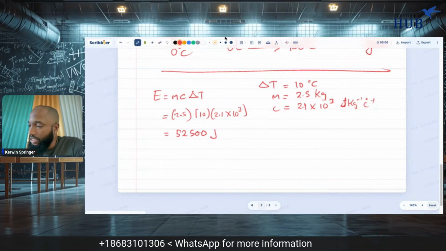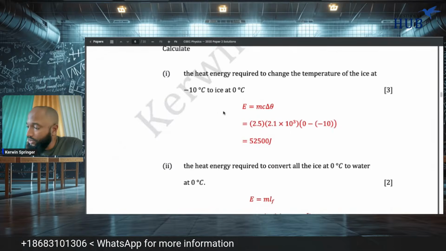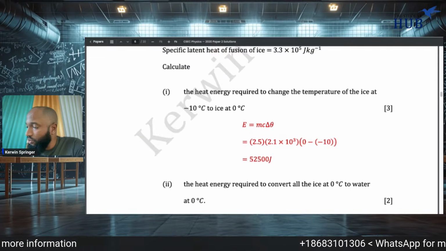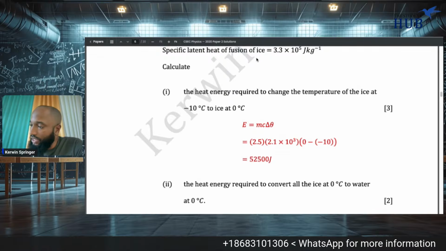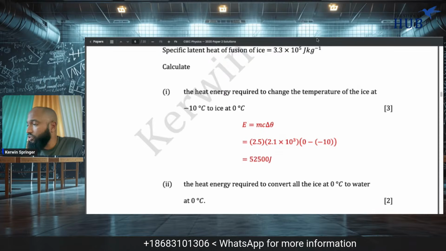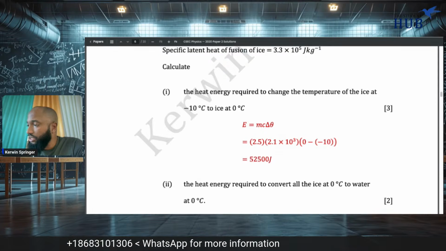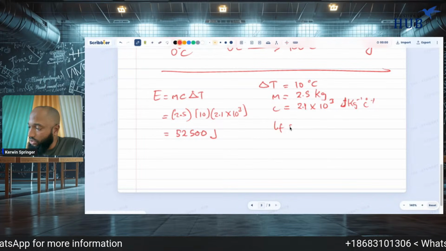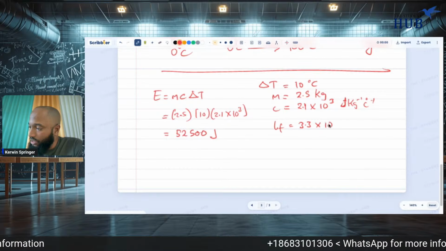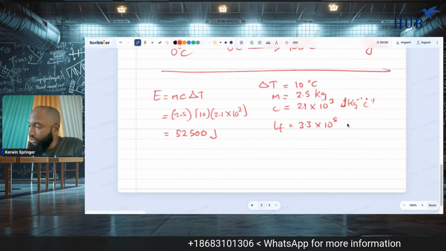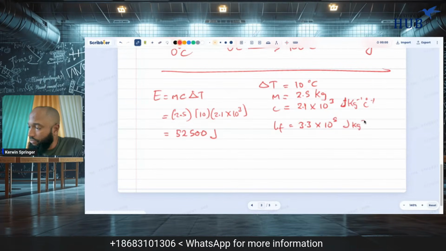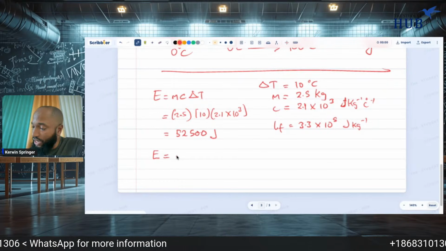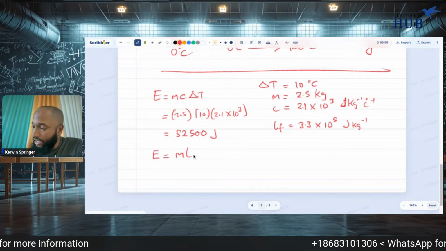All right, let's see if we got that. Yep. And now they want the heat energy to convert all this ice to water. So we'll need the specific latent heat of fusion of ice, which is 3.3 times 10 to the power of 5 joules per kilogram. So for the energy, I'll use MLF.